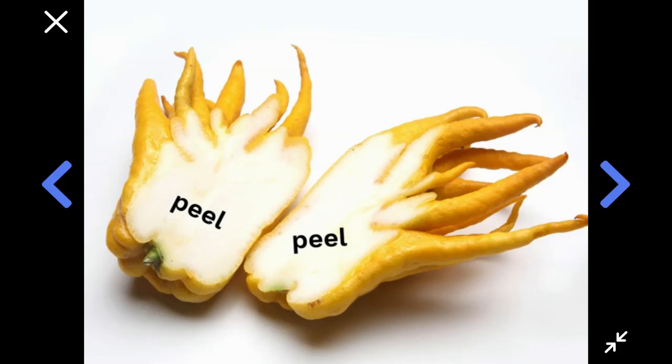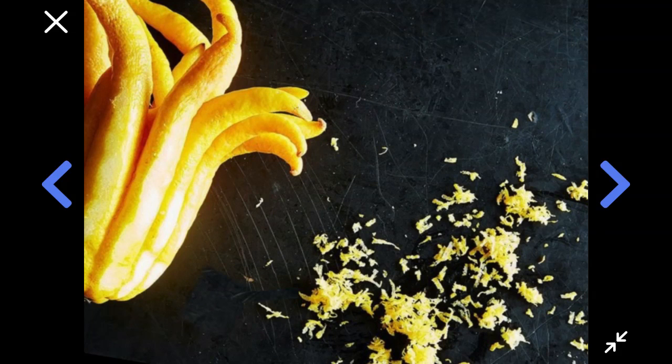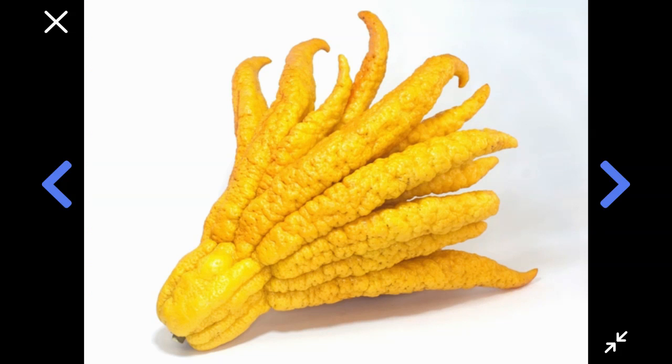There's no fruit part at all to it, so you don't really eat Buddha's hand. Instead, people like to use it for its smell. They'll scrape little bits of it off and put it in their tea or soup, just for its nice, strong citrus smell.